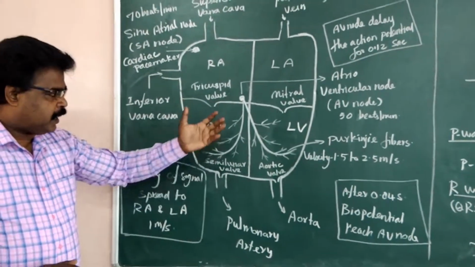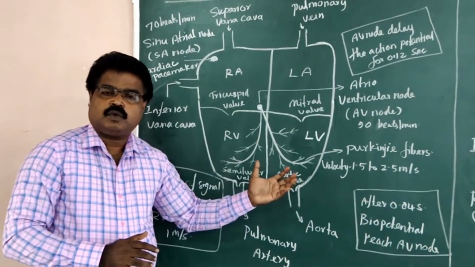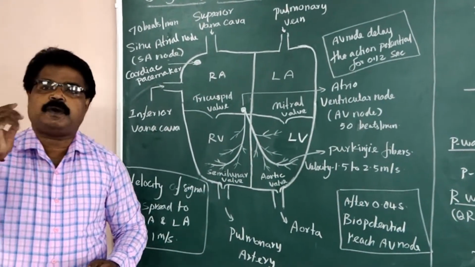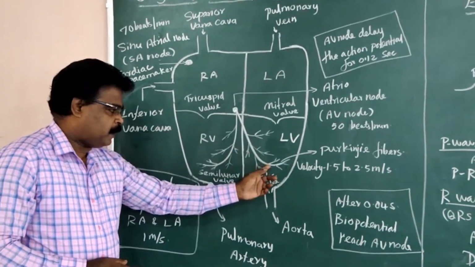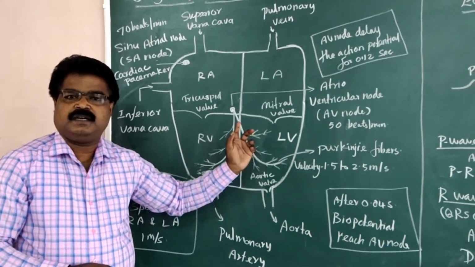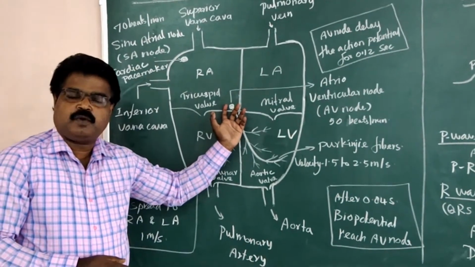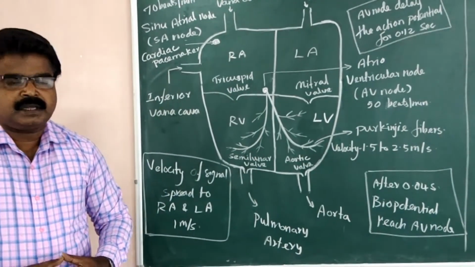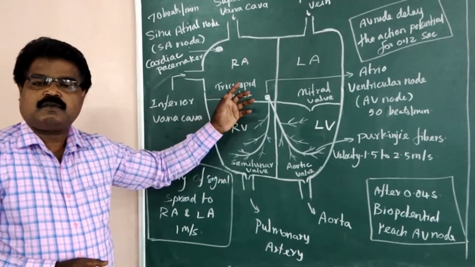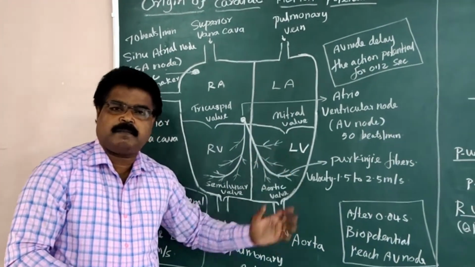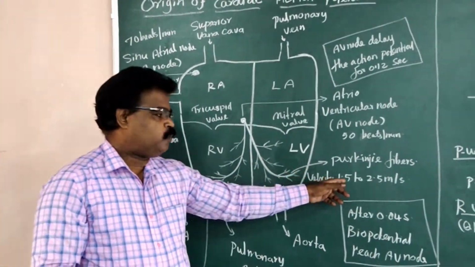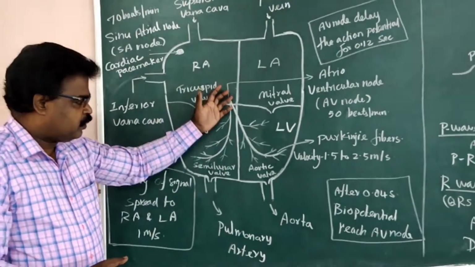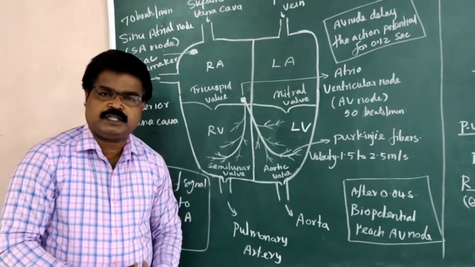Then it spreads to the ventricles through the bundle of His, also called Purkinje fibers, at a velocity of 1.5 to 2.5 meters per second. So the signal spreads into the ventricles through these Purkinje fibers.